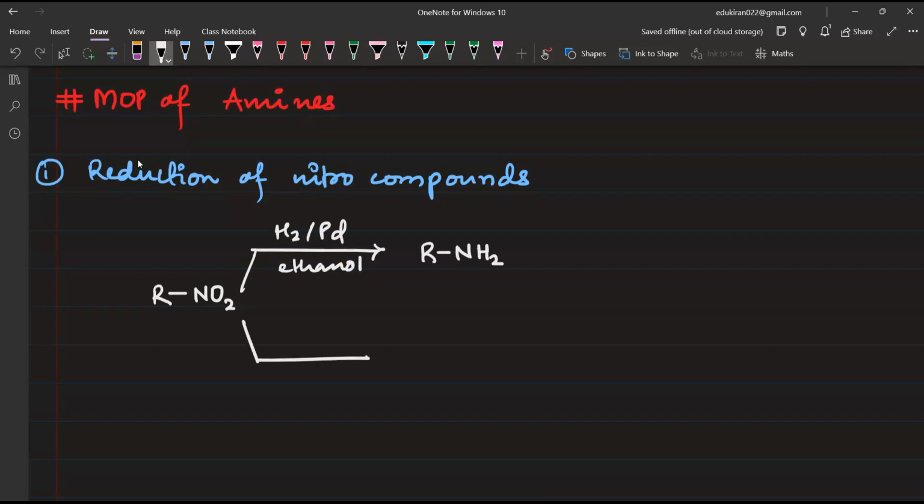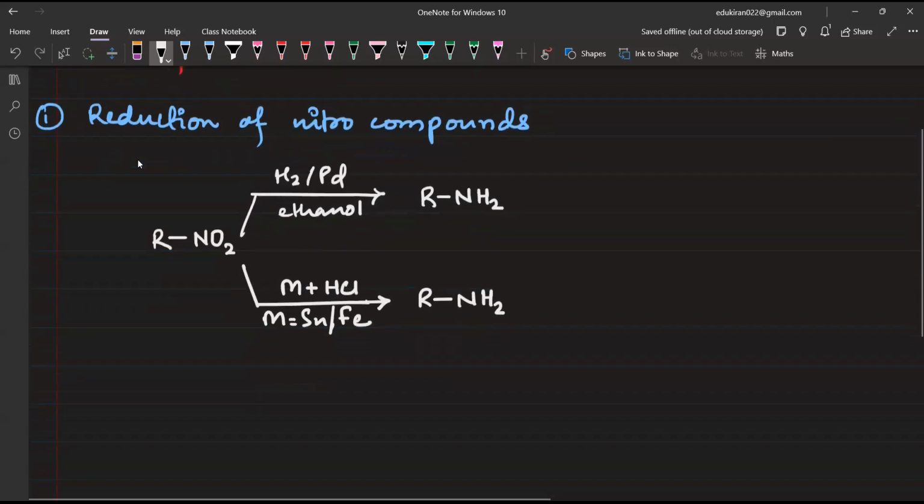Now moving on, there is another reagent that we can use: metal plus HCl. The metal that we can use is tin or Fe. Iron or tin you can use, and this is also going to reduce it to RNH2. That means we are going to get amines in these cases. Both of these reagents can also be used to convert nitrobenzene to aniline.